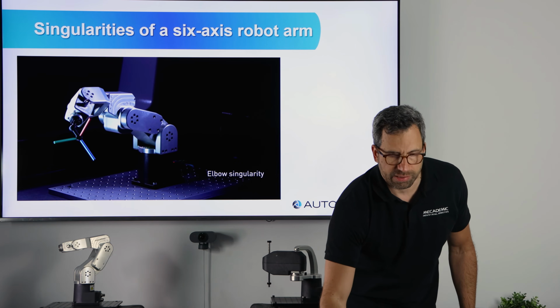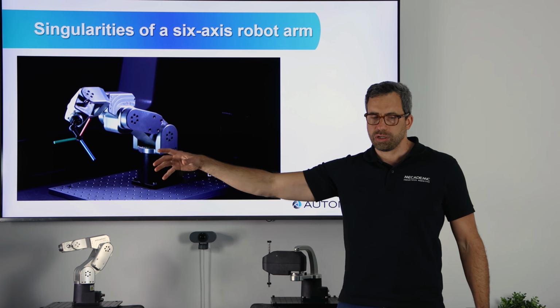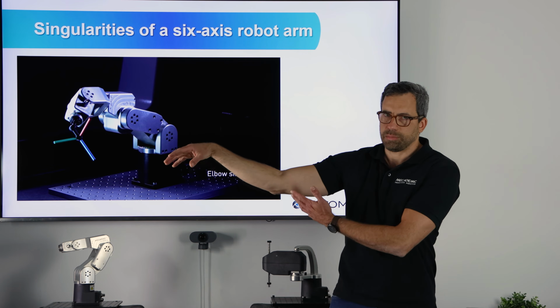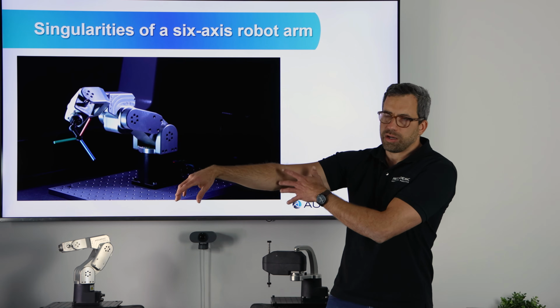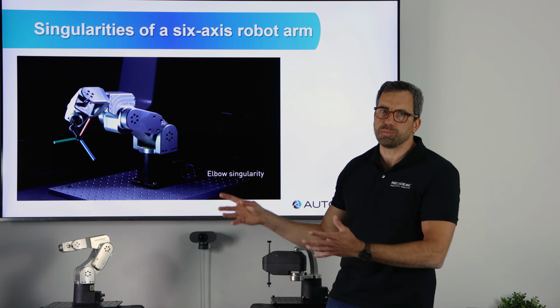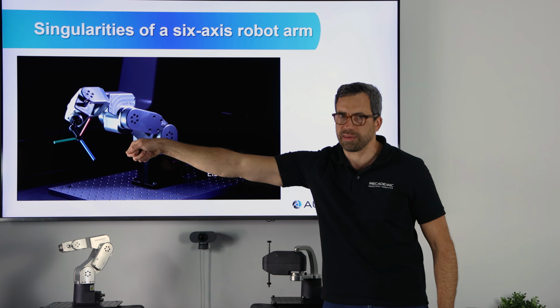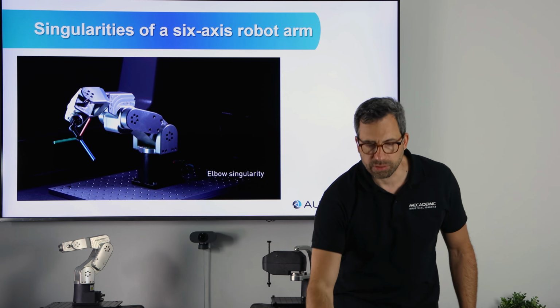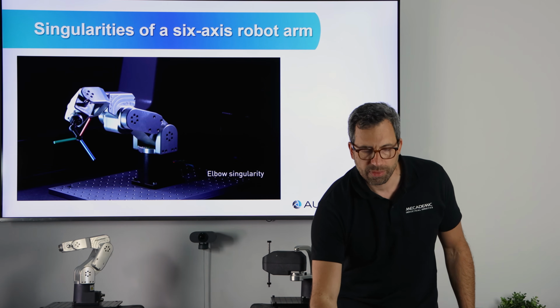This is very simple. The elbow singularity is like, okay, you cannot go farther. So this kind of motion I'm doing here is just to show that even though I'm moving some joints, the end effector is almost not moving. So obviously, if you want to go fast, you don't do anything here. You do it here, right? So this is the elbow singularity, very, very easy to avoid.